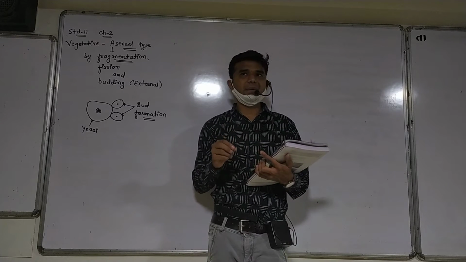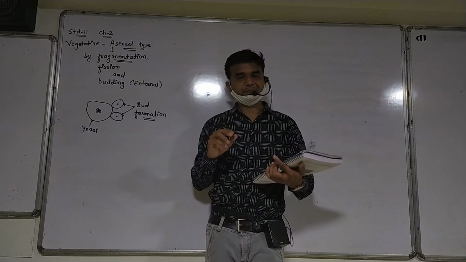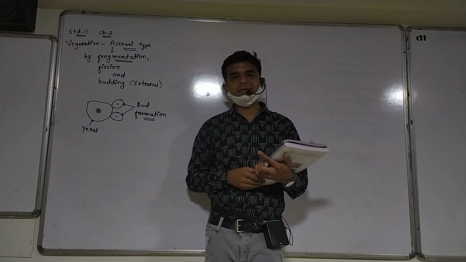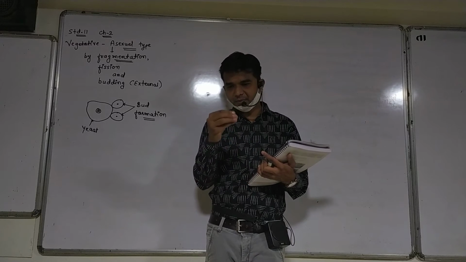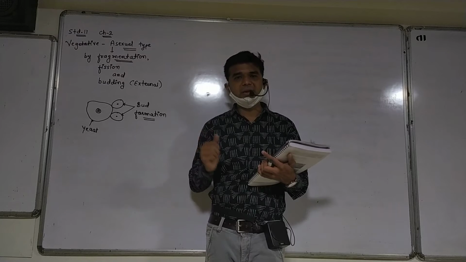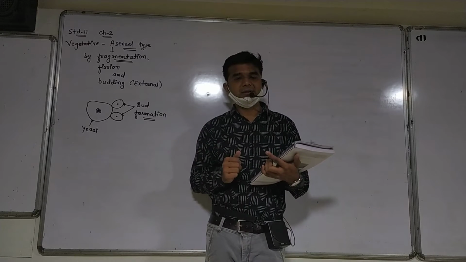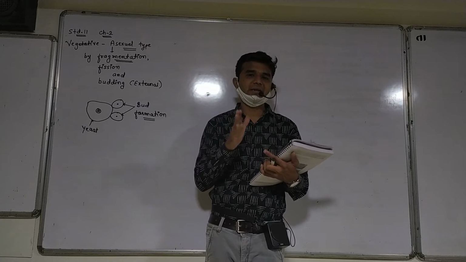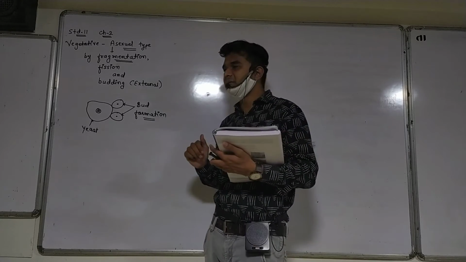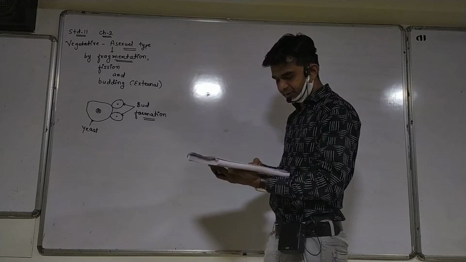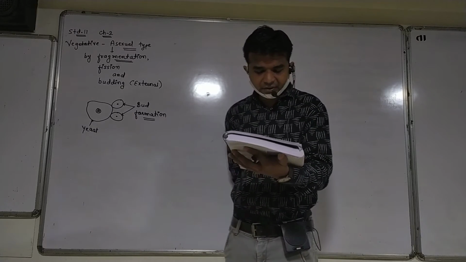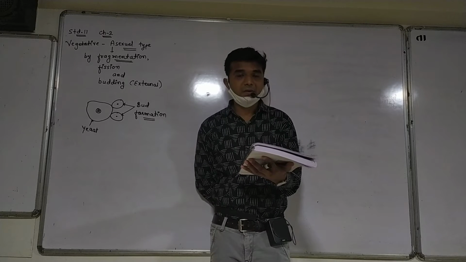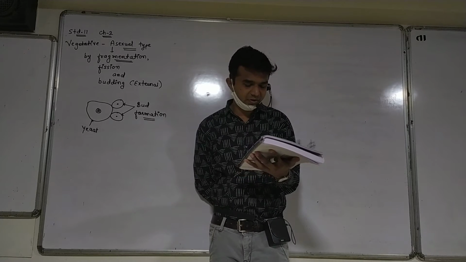Gradually, more and more cells are added, and this bud develops into a baby hydra. This baby hydra can detach from the parental body and live its individual life. Similar to that, budding occurs here. So reproduction in fungi can take place by vegetative means known as fragmentation, fission and budding.